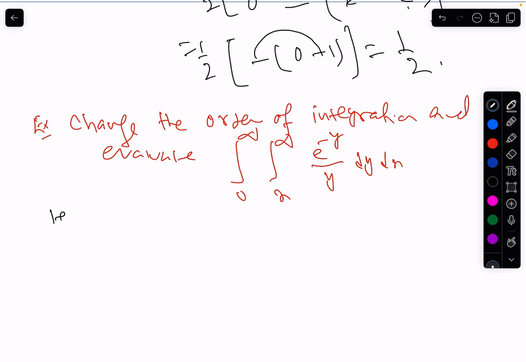So we can write here y equal to x to infinity and x is 0 to infinity.